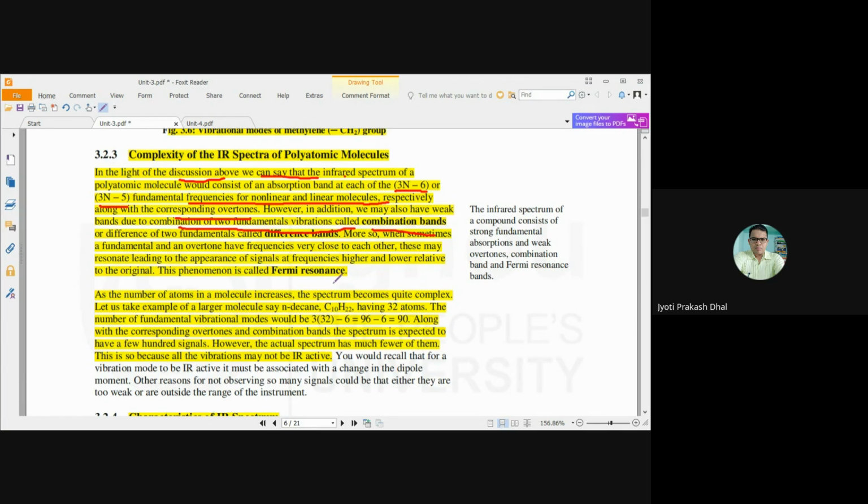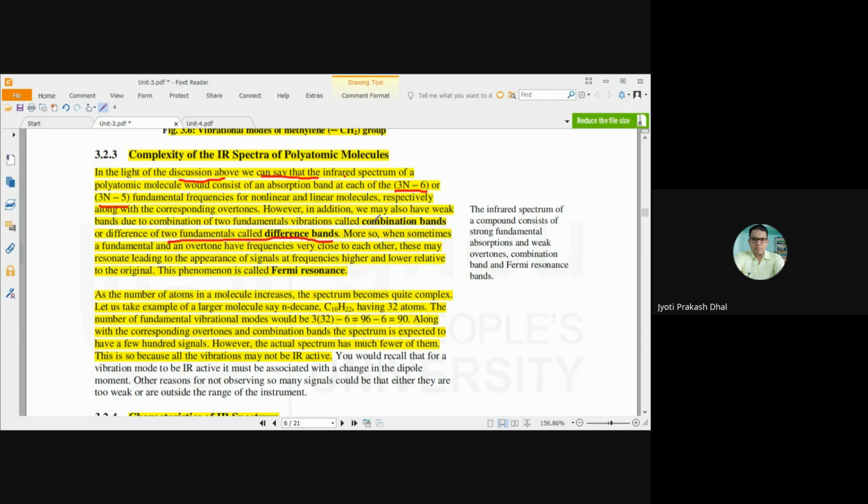So that means apart from the fundamental, first overtone and second overtone, if the molecule is a complex molecule having complex structure, other vibrational modes are also possible, called combination bands or difference bands.